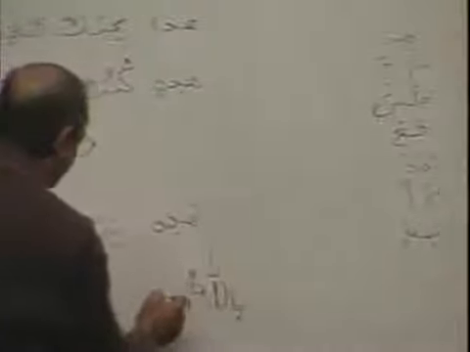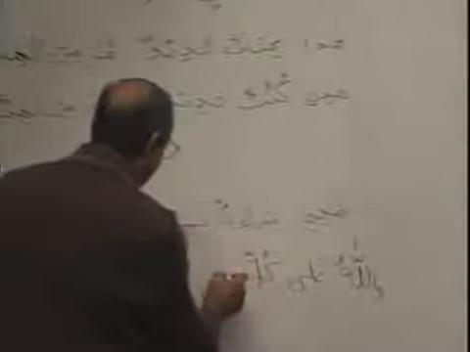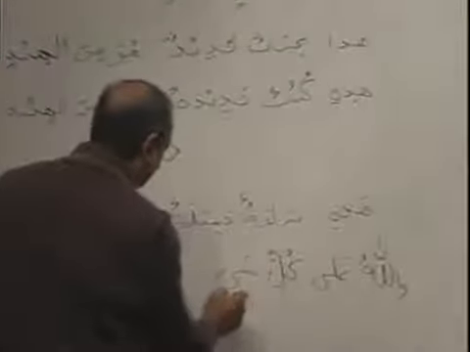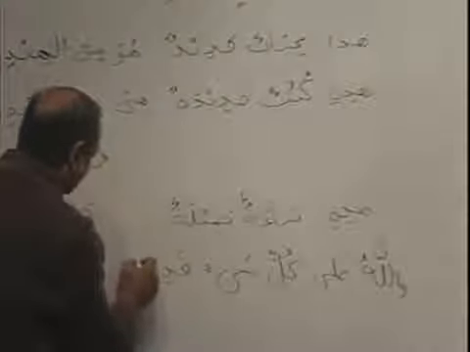Now that you are strong, I can write down. Okay, brothers and sisters, what did I write down? Wallahu ala kulli shay'in qadir. What is waw? Ataf. What is Allahu? Mubtada.